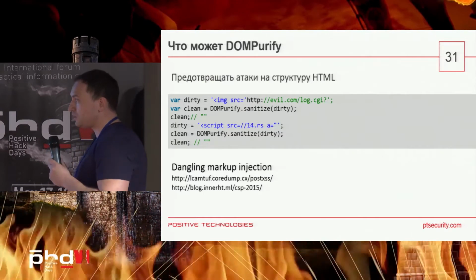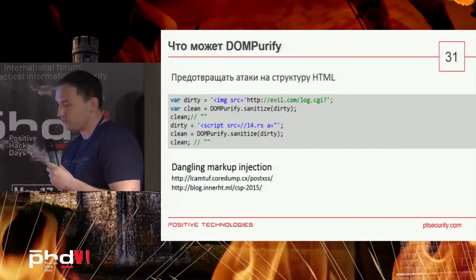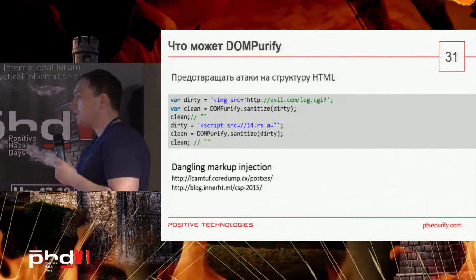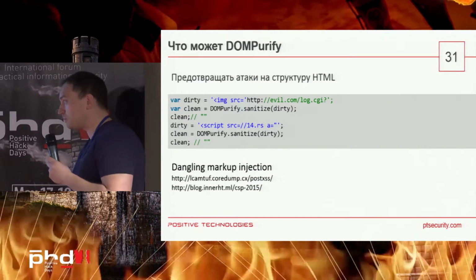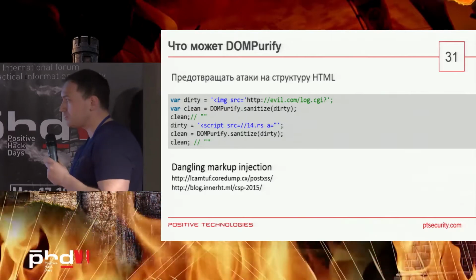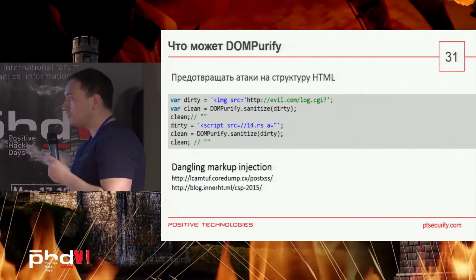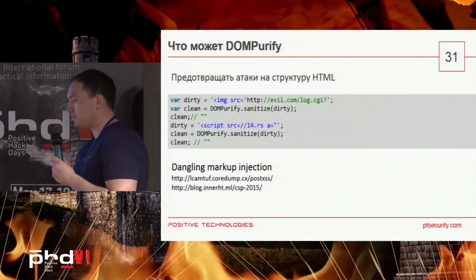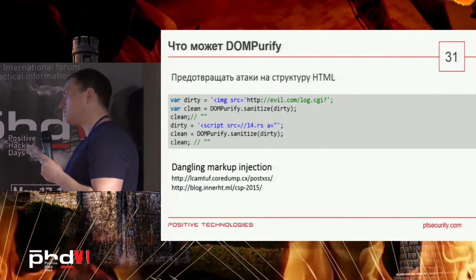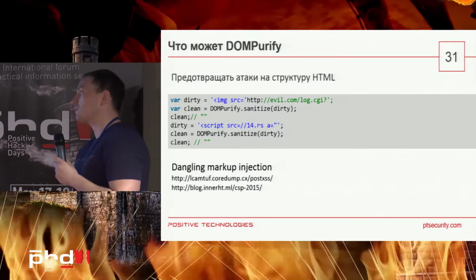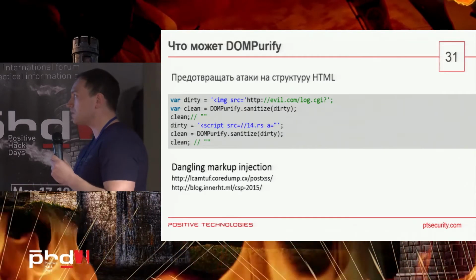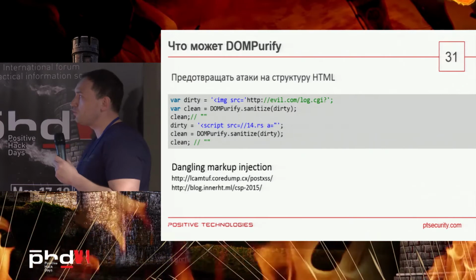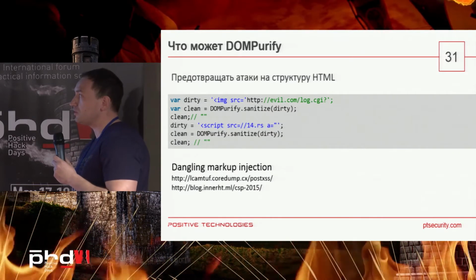Another important point is preventing attacks against HTML structure, which is a very interesting attack. Zalewski described it perfectly well. If you follow the second link, you will find very interesting information there, and file descriptors, well, and examples of how it can be used in Twitter.